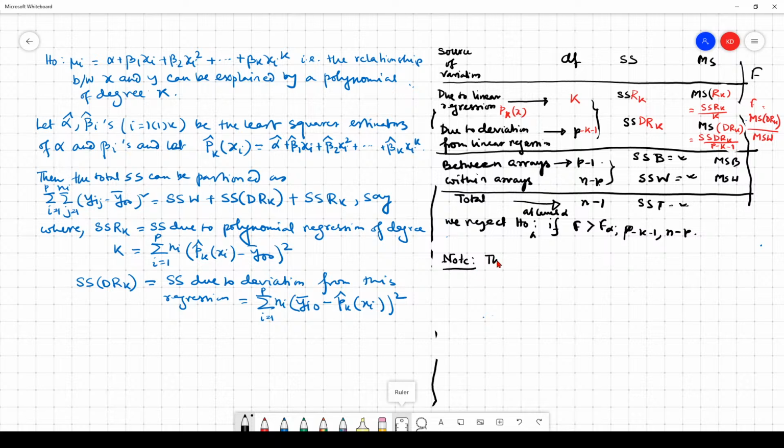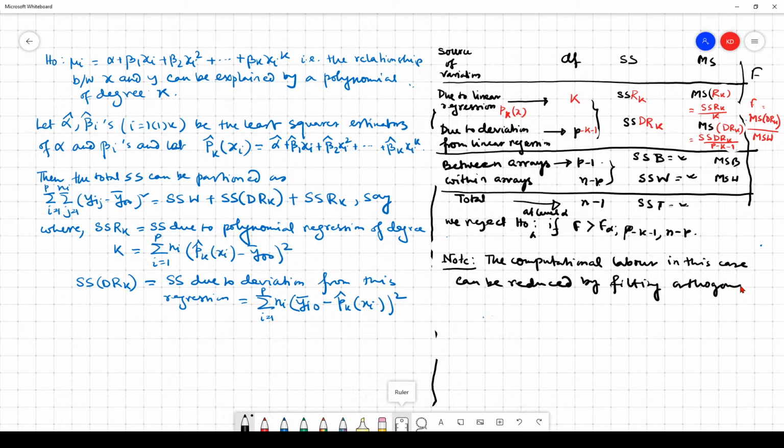So the computational labor in this case can be reduced by picking orthogonal polynomials.